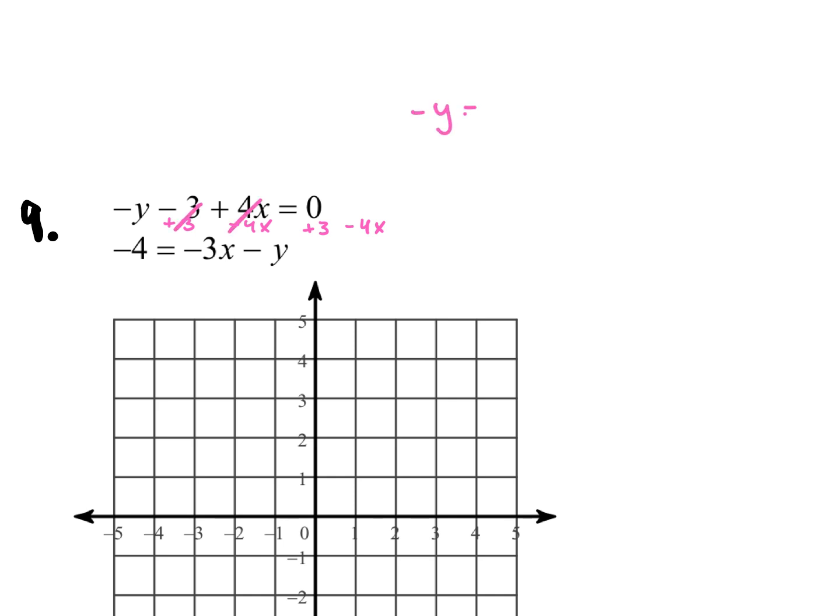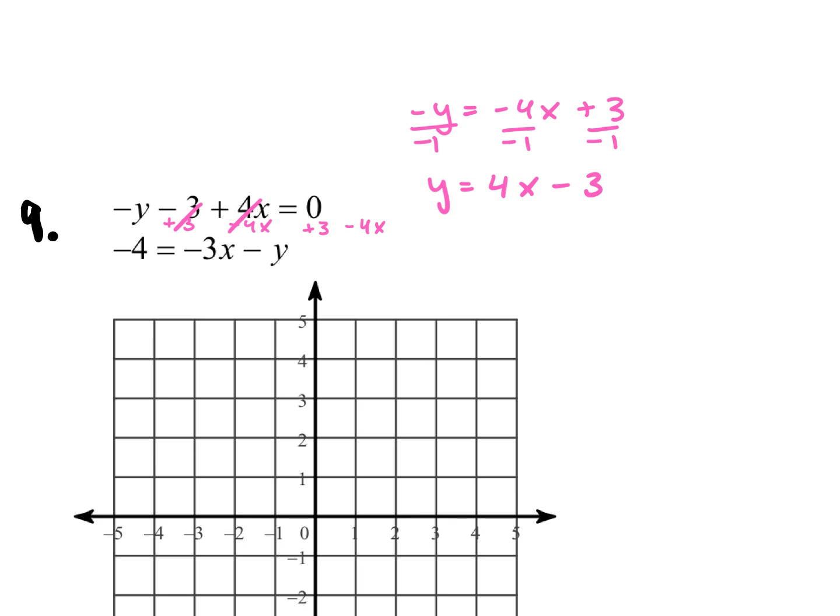So negative y is equal to negative 4x plus 3. Then what should we do? Divide by negative 1. With these questions, it is super, super important that you are careful with the signs. If you're putting your y-intercept at 3 versus negative 3, that would change the whole line.